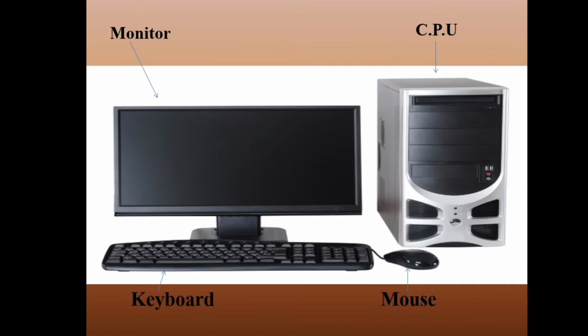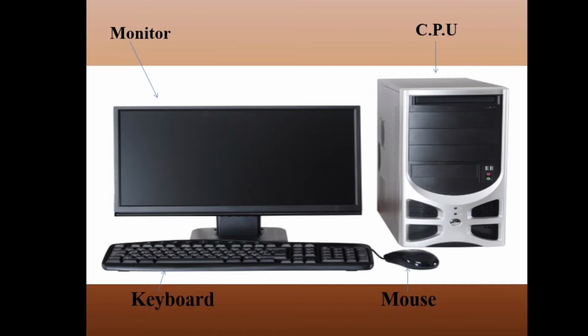Now, what does a keyboard do? You are in class 5, you must know about that. Through the keyboard, you put your data, you send your data to the computer, or we can say to the CPU. And the mouse is simply for holding a cursor.